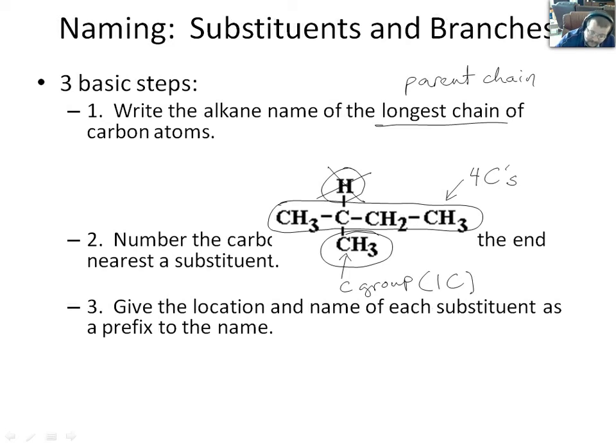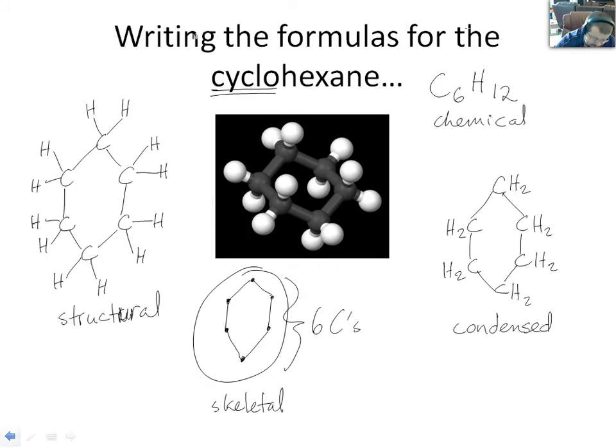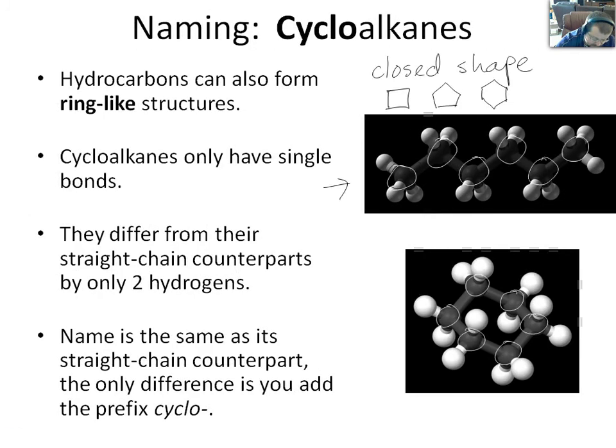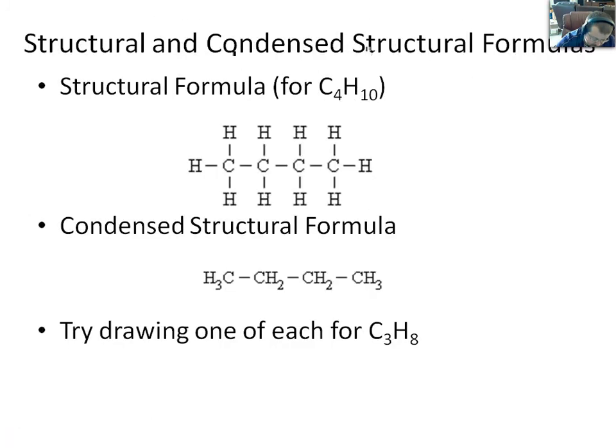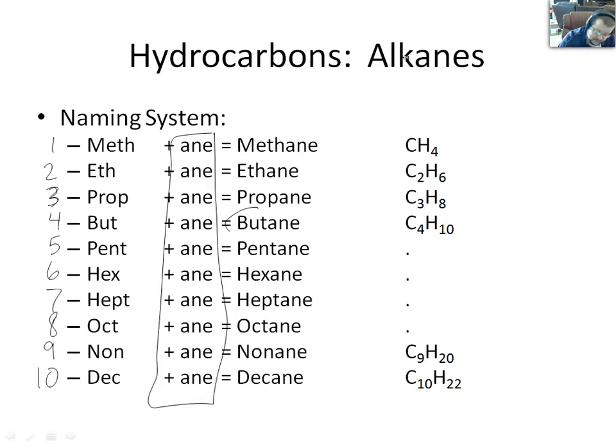So let's look up our prefixes for 1 carbon and for 4 carbons. Going back to our list of prefixes, 4 is going to be but, and 1 is going to be meth.